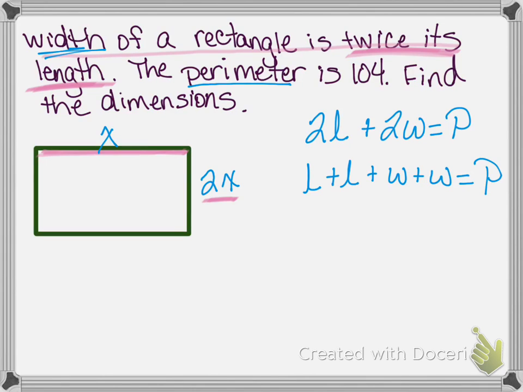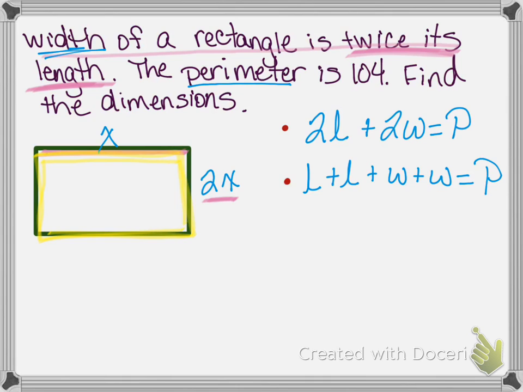So perimeter is just going to be this plus this plus this plus this. I am adding my sides up together. That's how I get my perimeter. So it doesn't matter which one of these you use. If you just add all the sides up together, and that gives you your perimeter, you're fine. Or if you use the 2L plus 2W equals perimeter, you're fine. You're getting to the same place.